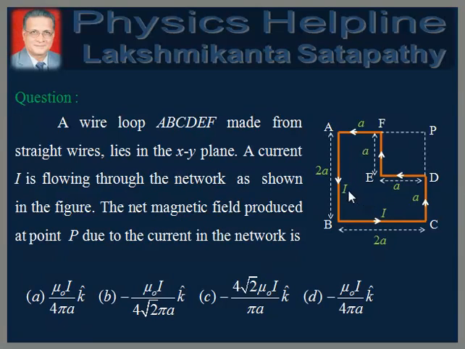Magnitude of current is I. The sides AB and BC are each equal to 2A, and the sides CD, DE, EF and FA are each equal to A. We are required to find the magnetic field produced at P due to the current carrying wire loop.